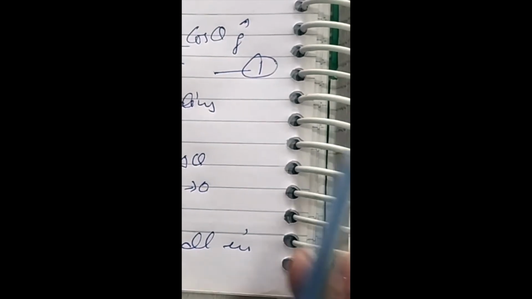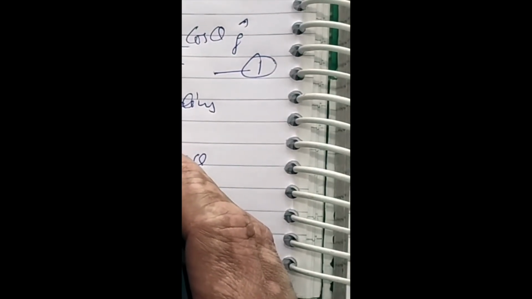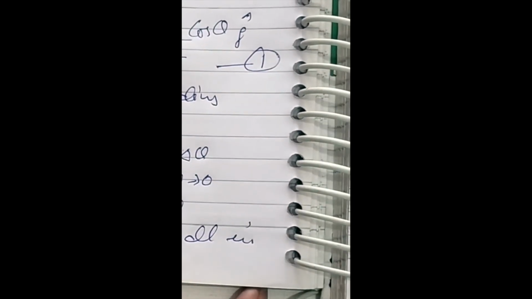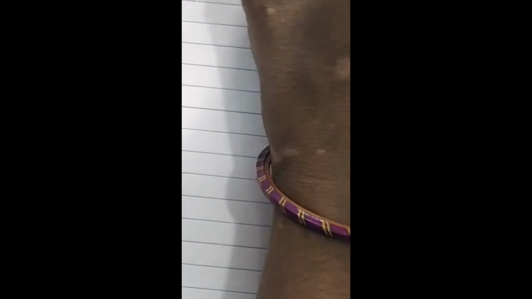Let me put the value of dl, which from here is equal to r d theta. So k lambda r d theta cos theta divided by r square j cap.